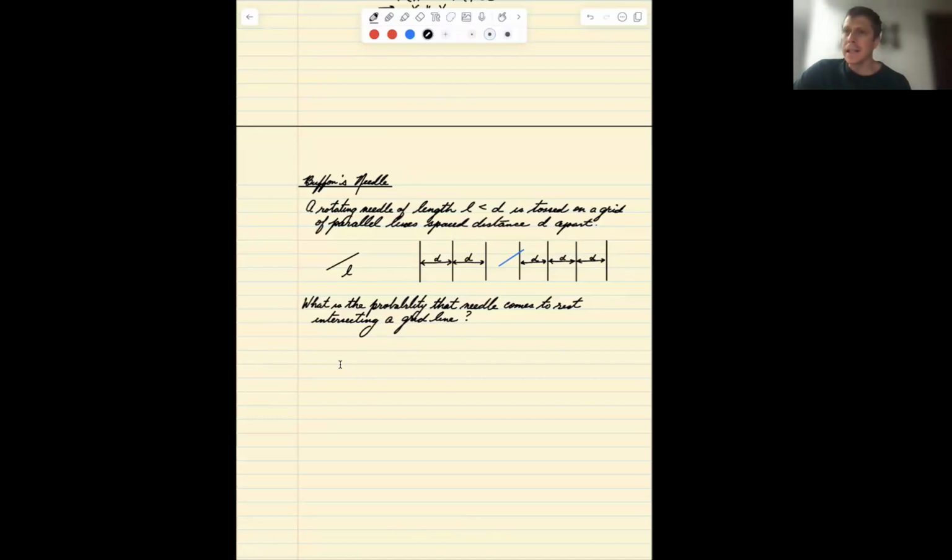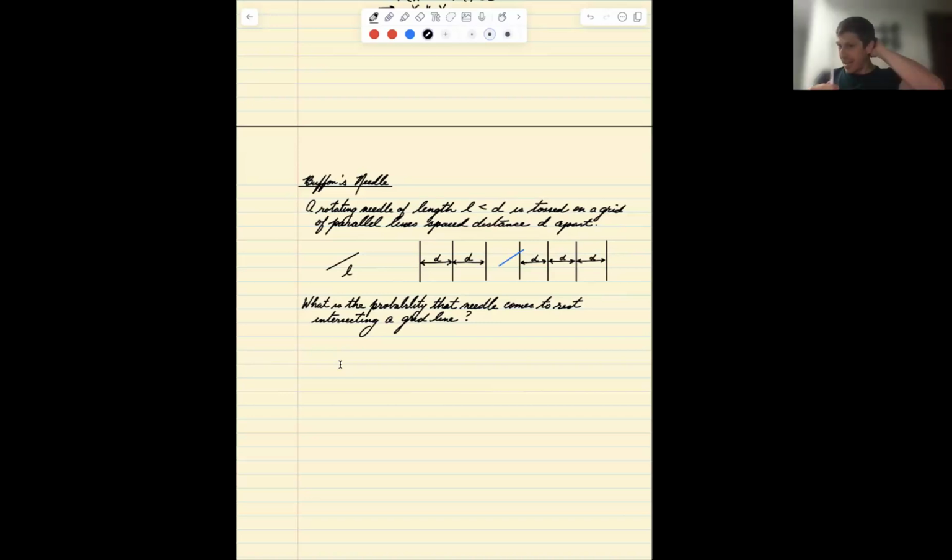Now, what's affecting this? Well, even if we put the needle perfectly perpendicular to the grid lines, there's a chance it would fall in between because L is less than D. But there's the possibility that a needle lands vertical, and in that case, it doesn't really matter where it falls.